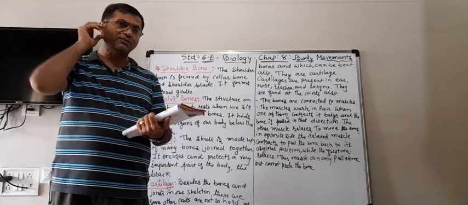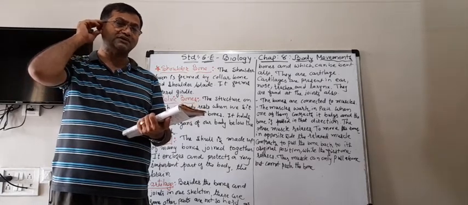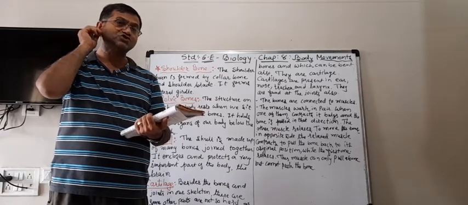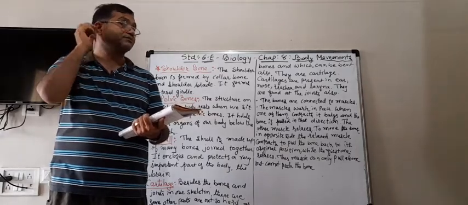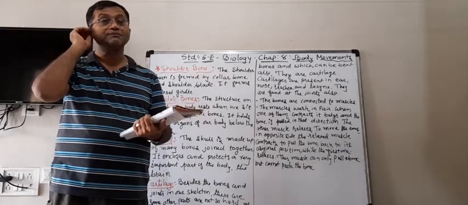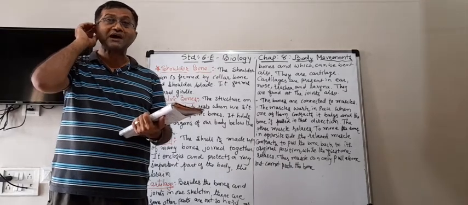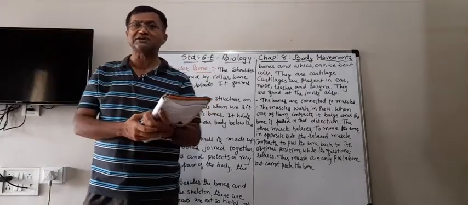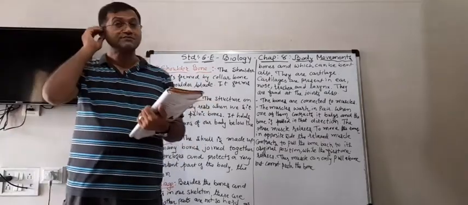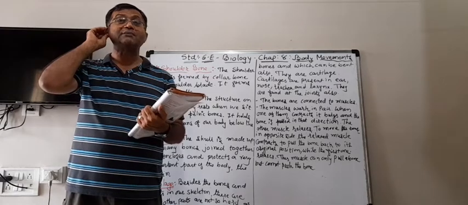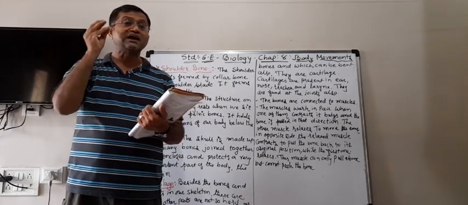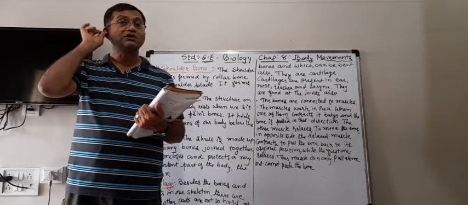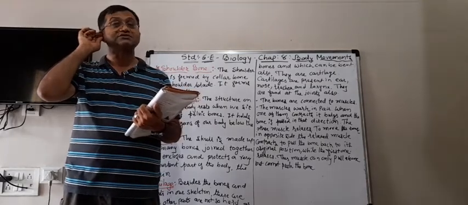Is it as soft as your lobe or a little harder? What do you feel? It is not as soft as your earlobes, but it is a little harder, though not as hard as the bones. Medium, semi-hard, you can say. So these are not only muscles, but there are some soft bones, as I told you, the cartilages.